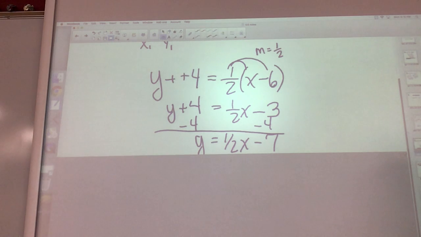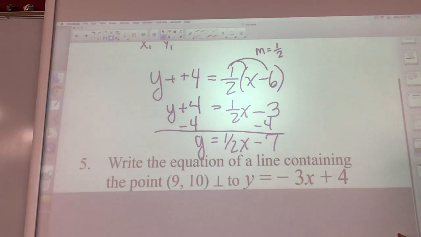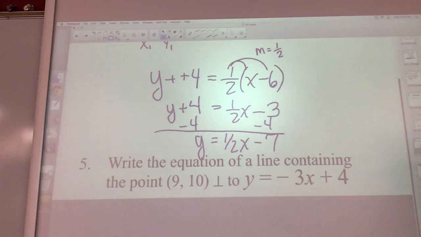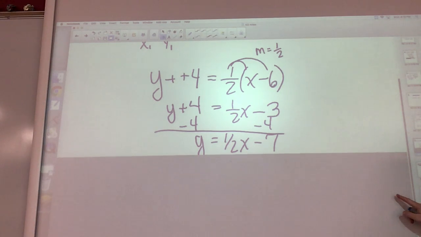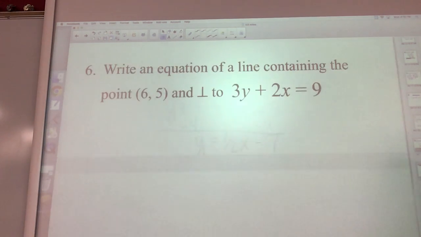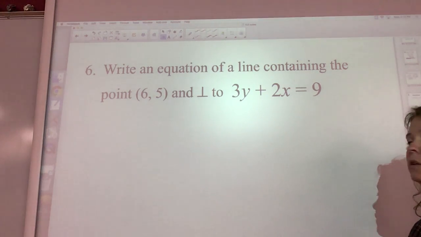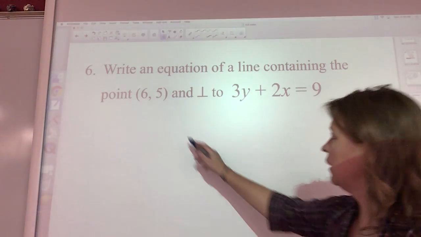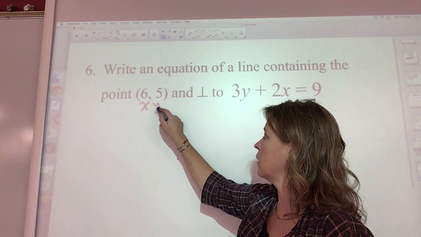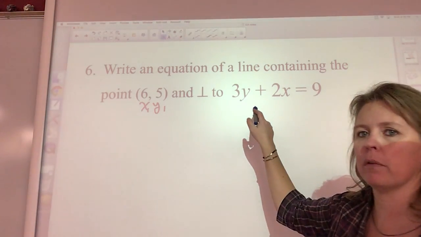Okay, I told you we're only going to do 2 examples, so we're going to skip number 5. Unless you want to practice it, try it on your own. That'd be a good idea. And we'll just go right away to number 6. Take the time, write the problem down. Recognize right away that the problem is not conducive to our slope. Yes, it gave us x1, y1, but it did not give us slope over here.